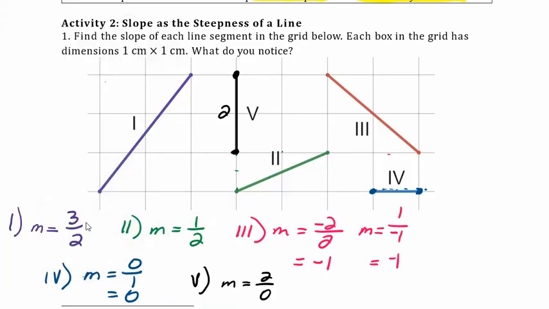Why is that? Let's talk about that for just a second. Before I do that, the answer to this would be, we would say the slope is undefined, or sometimes we say there's no slope. For a vertical line, we're always going to have no slope or undefined. For a horizontal line, we're always going to have a slope of 0.